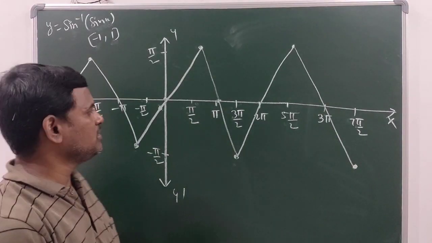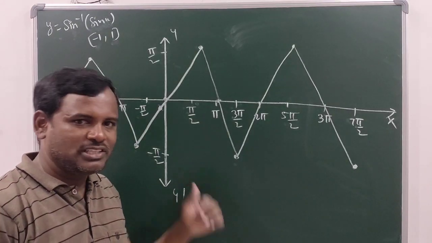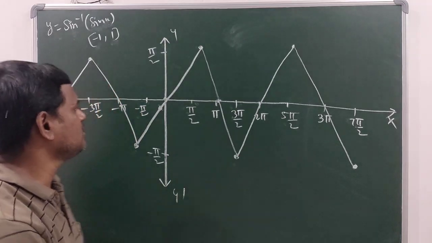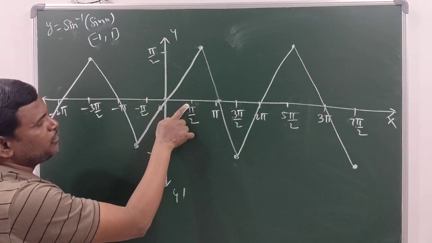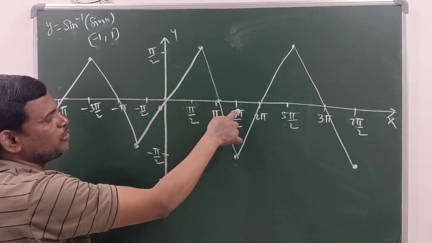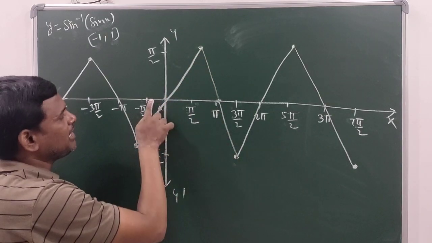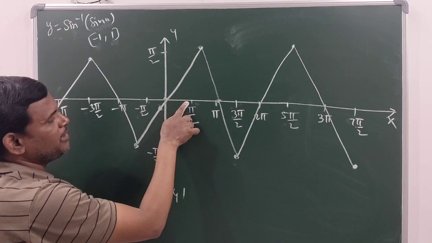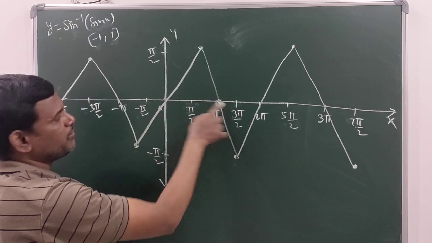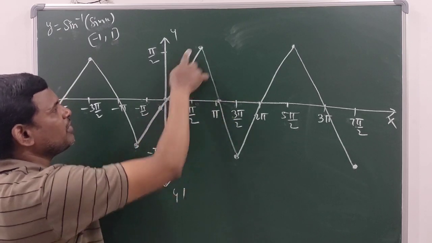Okay students, now this is the graph of sine inverse of sine x. So is this a periodic function? Yes, absolutely it is, because from minus 90 to plus 90 it strictly increases, and from 90 to 270 it strictly decreases. One increases, one decreases. Again minus 90 to 90, 90 to 270. So from minus 90 to 270, the total length is 360 degrees, that is 2 pi radians.